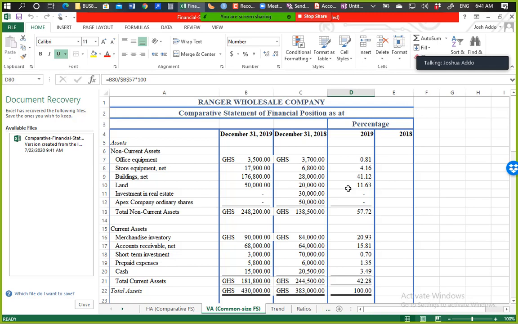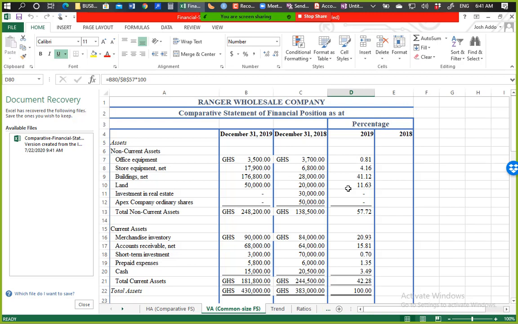So that's vertical analysis. We employ the same techniques when we are doing what is called common size financial statements. So most people even refer to vertical analysis as common size financial statement. They see them as the same because it employs the same techniques. But there's a slight difference.